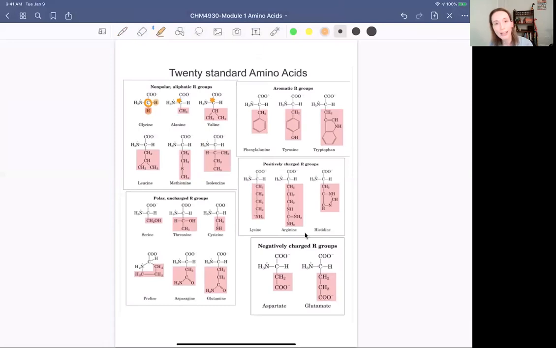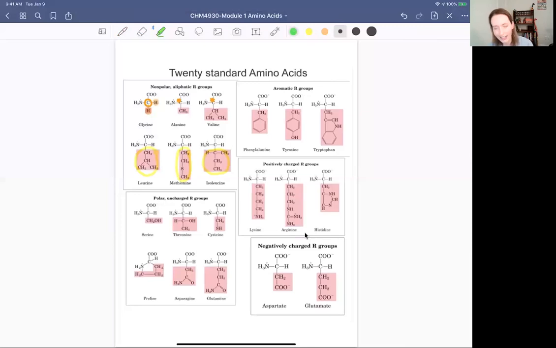And the R group in this handout is what's highlighted in pink in all of these. That pink highlight represents the R group that we have there. And we can classify the amino acids and predict their functions based on the nature of the R group.